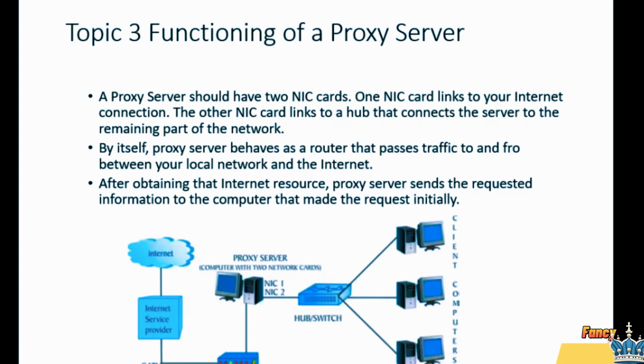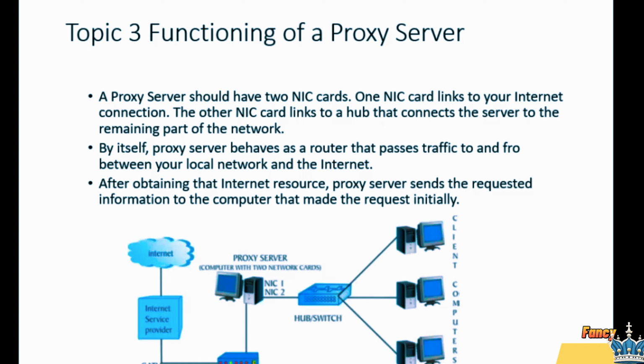Functioning of a proxy server. A proxy server should have two NIC cards. One NIC card links to your Internet connection. The other NIC card links to a hub that connects the server to the remaining part of the network.